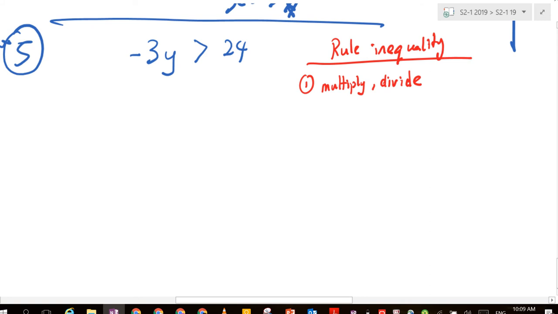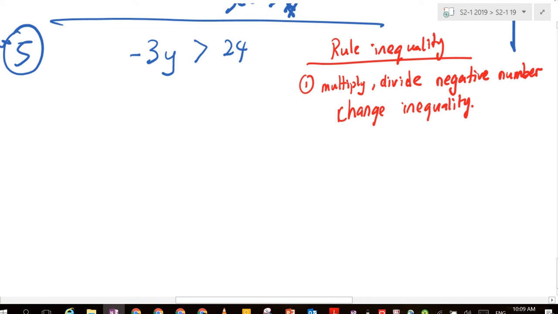Smarter people will choose to do nothing because you already know. I leave you to choose. When you divide by a negative number or when you times a negative number, something magical happens in inequality. You need to change the inequality sign.